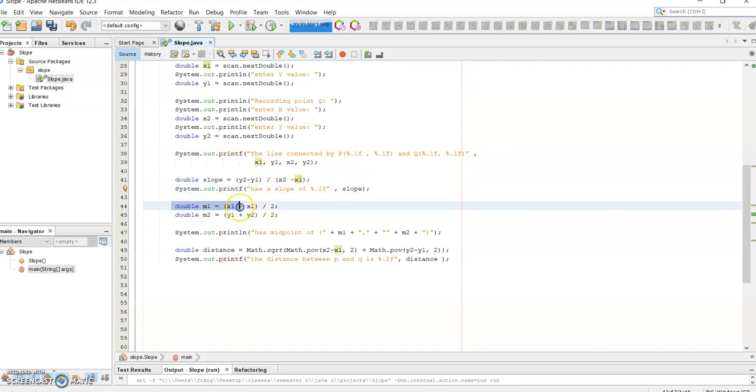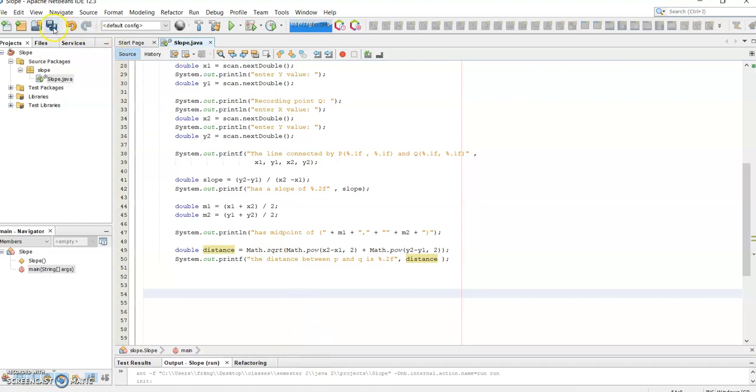After that we calculate the midpoint and then display the midpoint here. Finally we calculate the distance between 2 points and display it. That's it, guys. So let's check it.